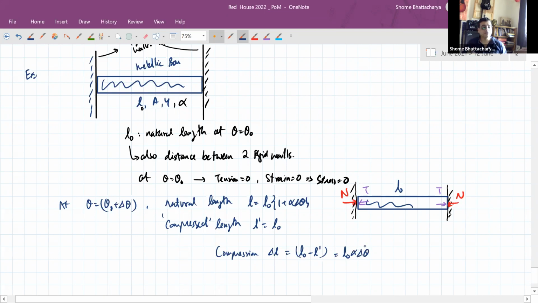Where alpha is the coefficient of linear expansion, the temperature coefficient of linear expansion for the metal.